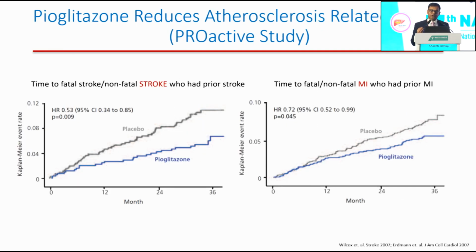And more importantly, pioglitazone also helps heart disease. These are older data when the medication was still relatively new, and it shows that in patients who have underlying heart disease, use of pioglitazone reduces the risk of atherosclerotic events, whether it's a stroke or a myocardial infarction, and it improves survival in these patients.